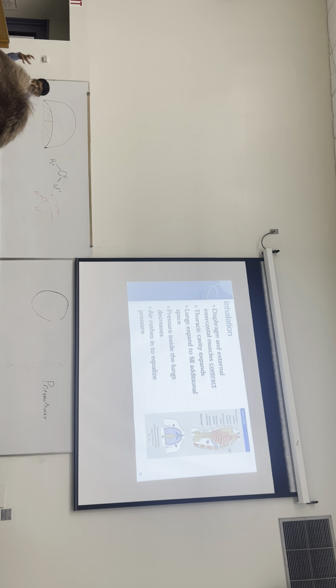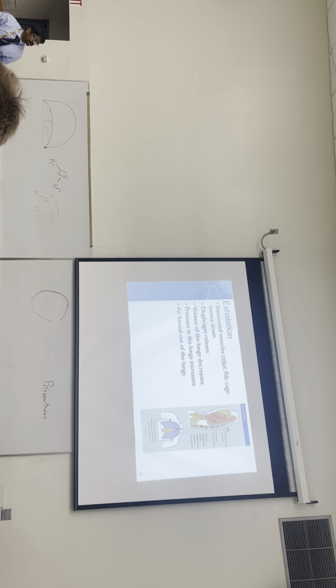Decrease it, hence lung volume decreases. What happens to pressure in the lungs? Intrapulmonary pressure increases, and now the inside has more pressure compared to the outside. Air will just flow out. Okay?